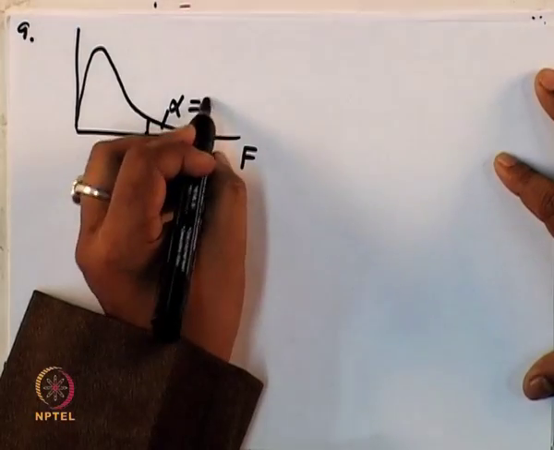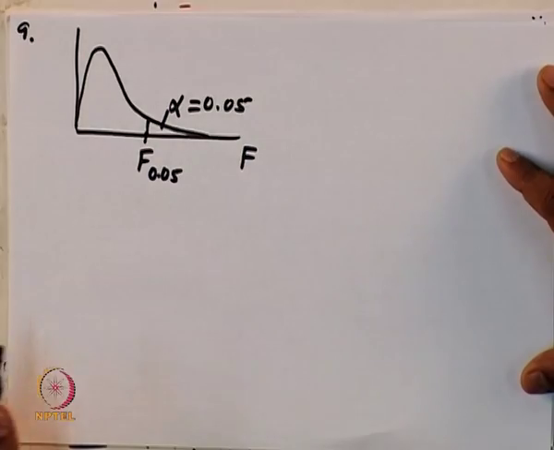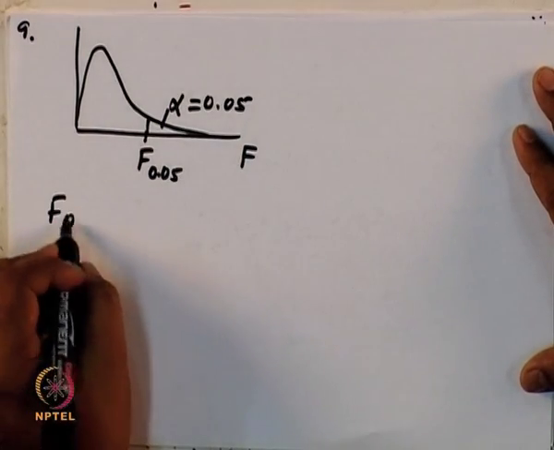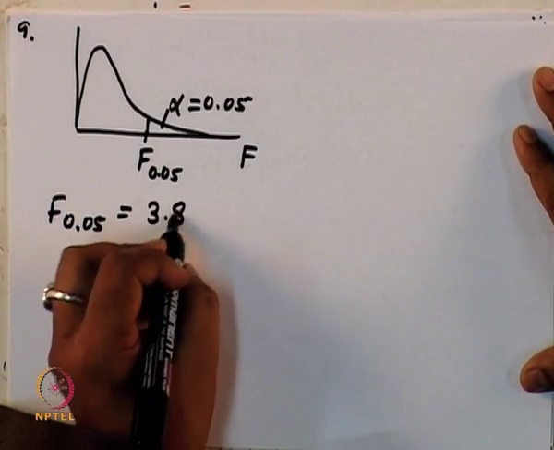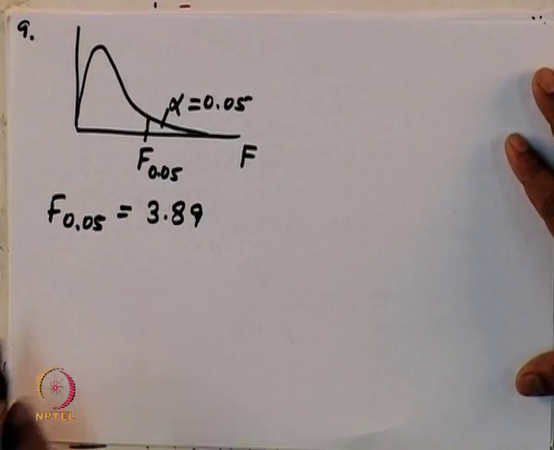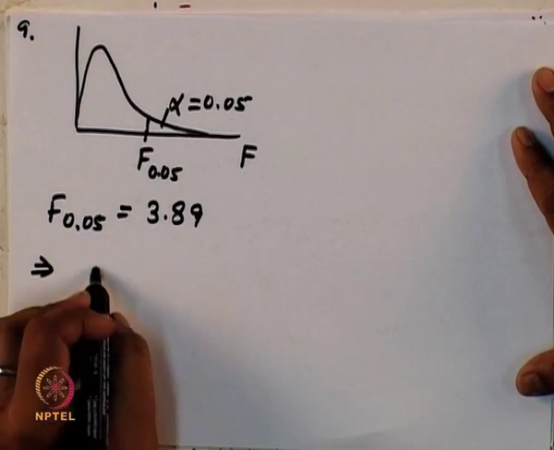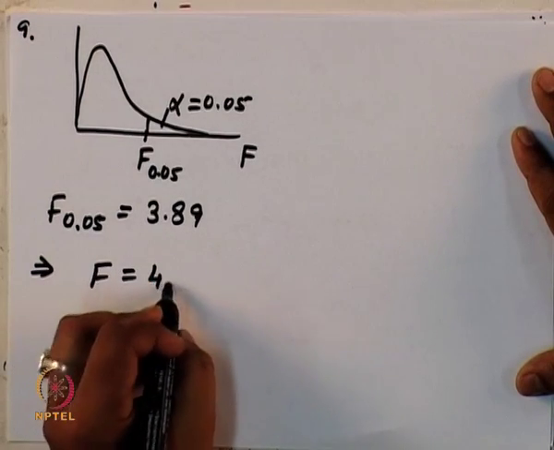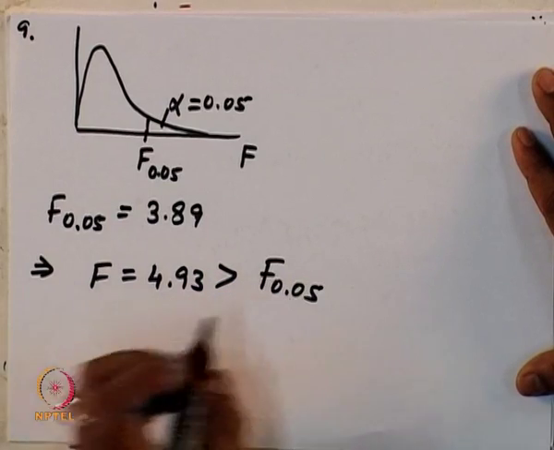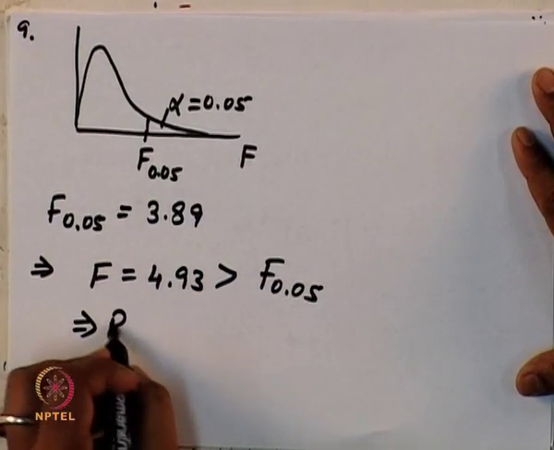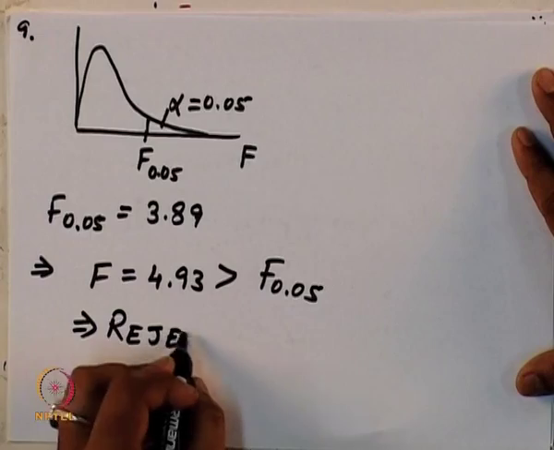Then alpha is equal to 0.05, and if you look up the tables, F of 0.05 comes out to be 3.89. Since our F value of 4.93 is greater than F of 0.05, I can reject H naught.